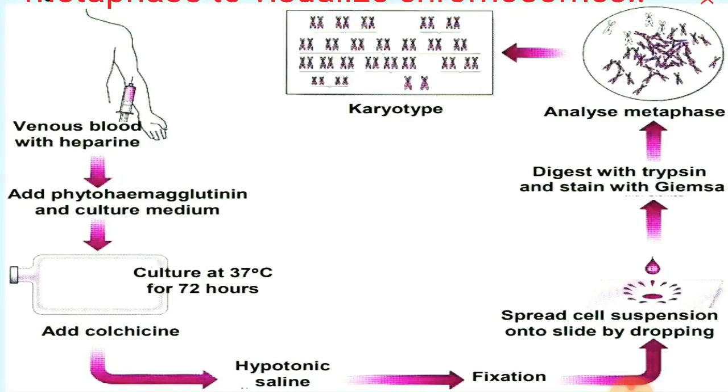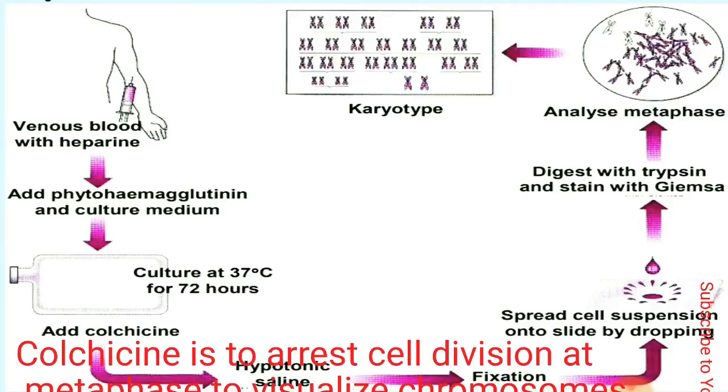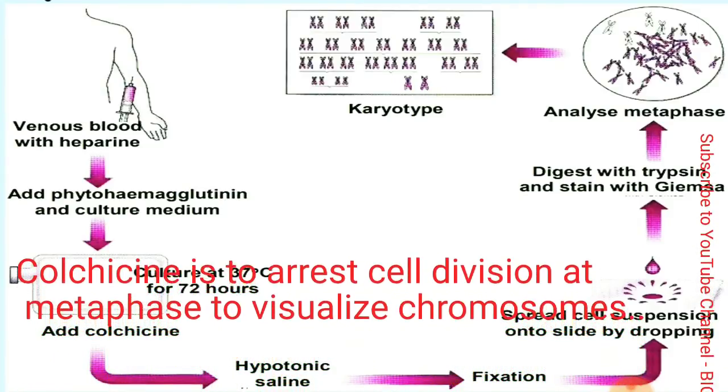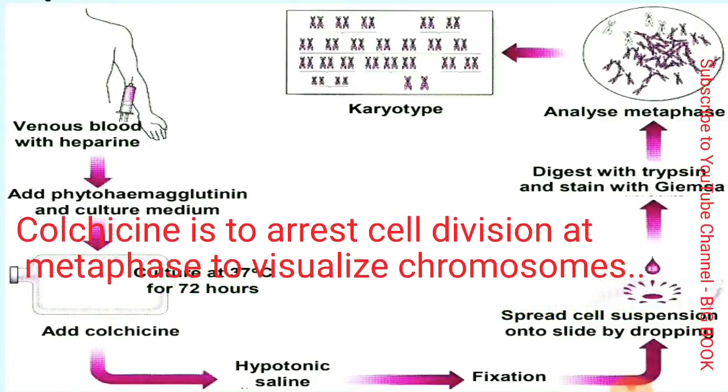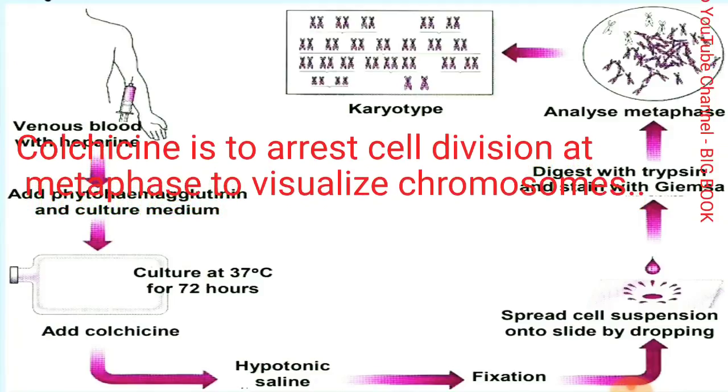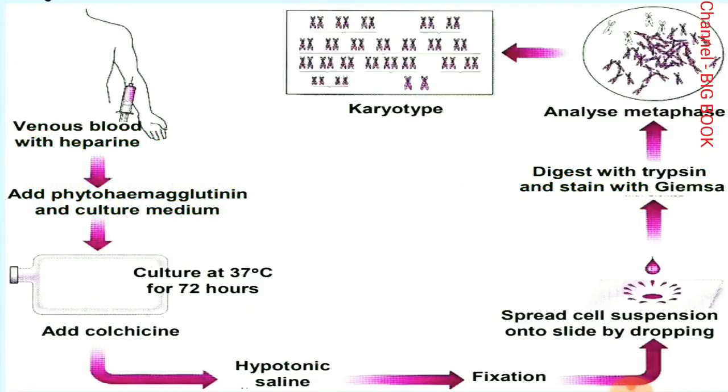It is going to stop the cell division process at a particular phase, that is metaphase, so that the highly condensed chromosomes which are needed for the karyotype can be extracted.